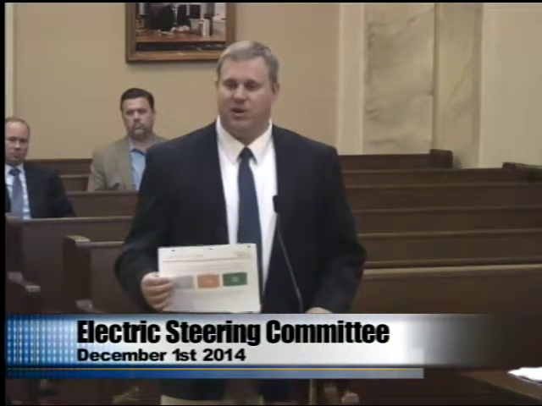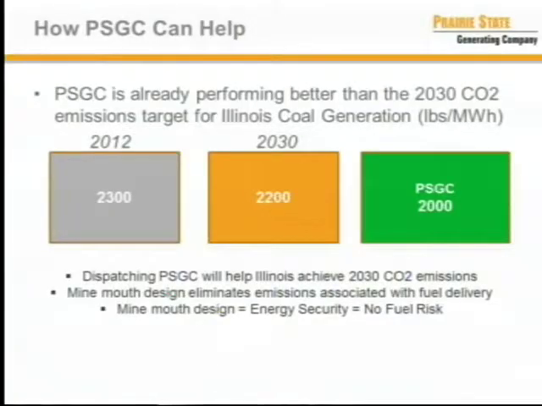The question was asked about Prairie State, about how efficient Prairie State is compared to other coal plants. An analysis was given to me, given Prairie State's carbon emissions compared to the state of Illinois and the requirements for 2030.